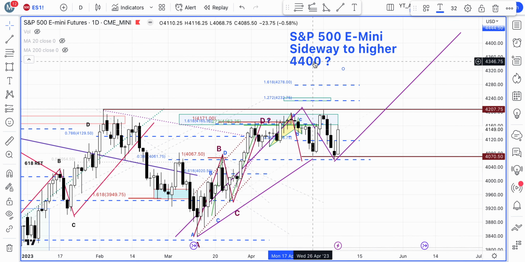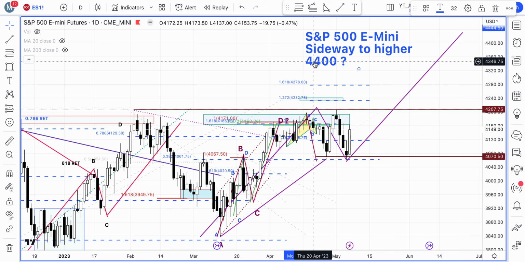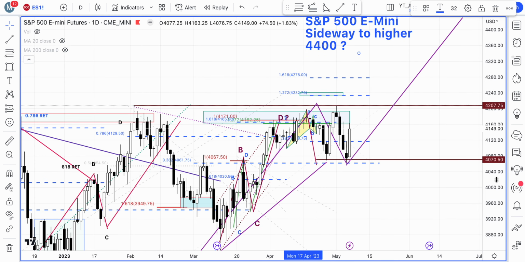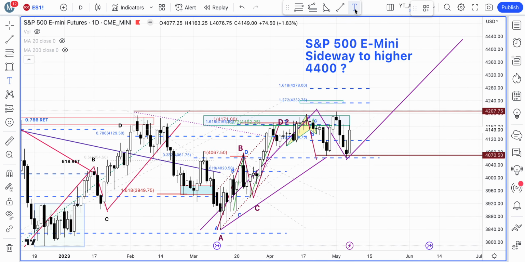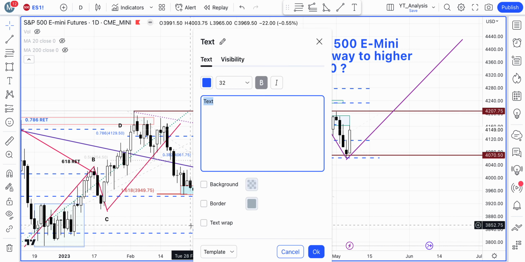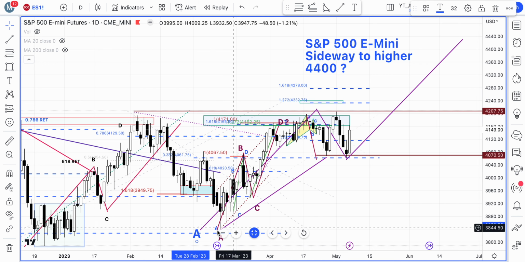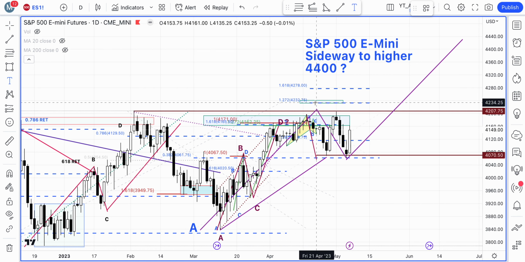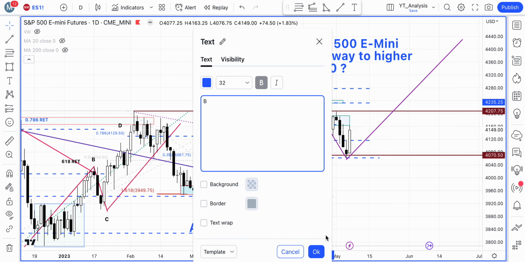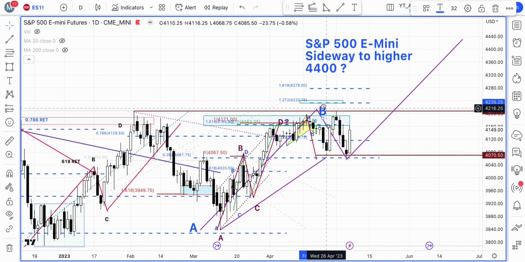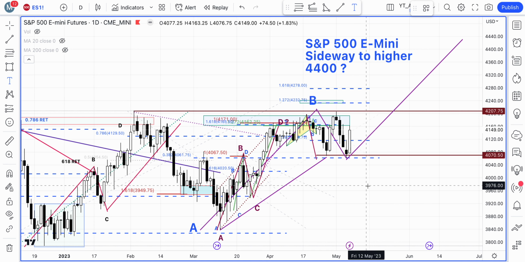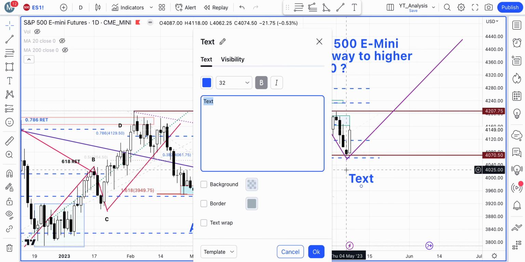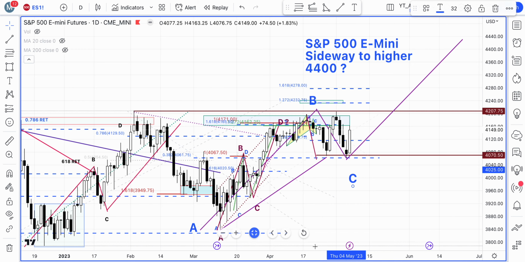So I've written 4400 roughly, but in fact we are going a little bit higher. Let me point this out as an ABCD here so that it's a little bit clear to see. So A, then this is going to be our point B here, and this is going to be C, and this will be point D.